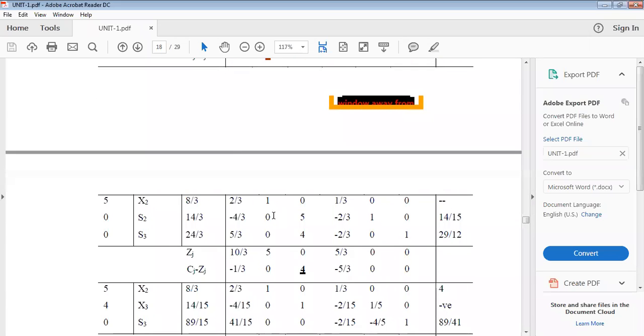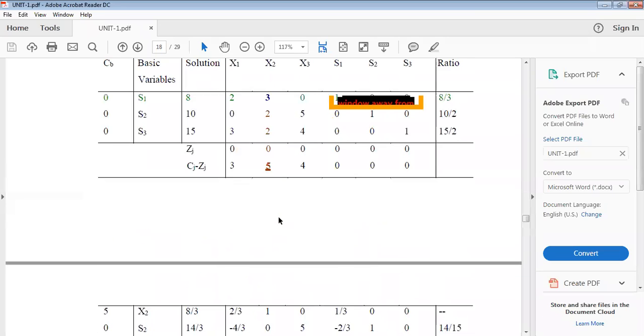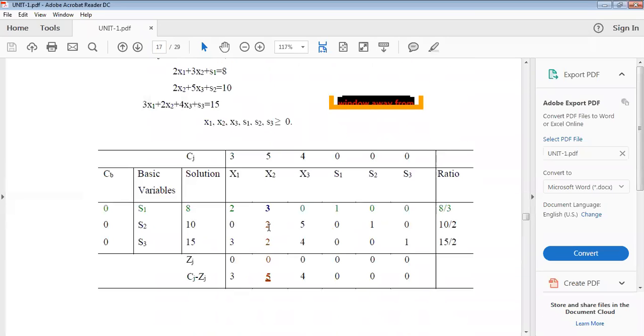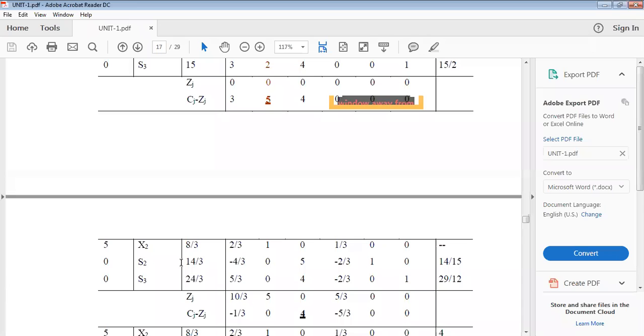If you intend to make 0 here, then new R1 is equal to old R1, like that you have to mark it here against this. Sorry, new R2. New R2 is equal to old R2 minus the multiplication of this particular thing, which you have to carry out.